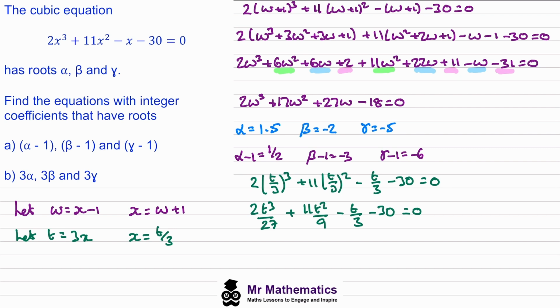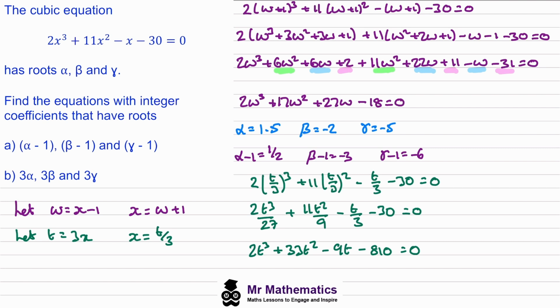And then we multiply everything by 27. We get 2t cubed plus 33t squared minus 9t minus 810. And this will equal 0.